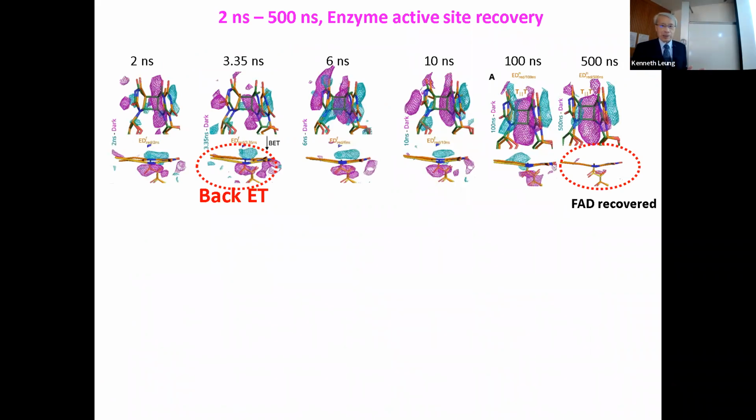After 1 nanosecond, based on similar analysis, we could see that the electrons from the substrate are returned back to the coenzyme. That occurs at 2 or 3 nanoseconds. And then between a couple of nanoseconds up to 500 nanoseconds, that's a long time. 500 nanoseconds is a long time compared to 1 or 2 nanoseconds.